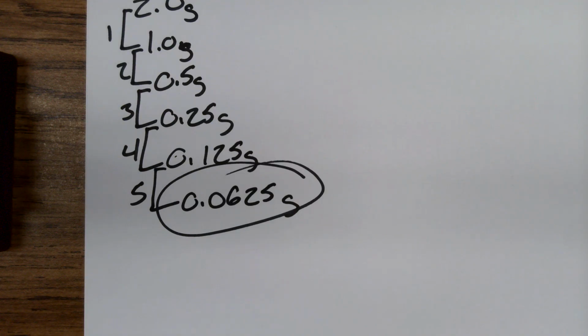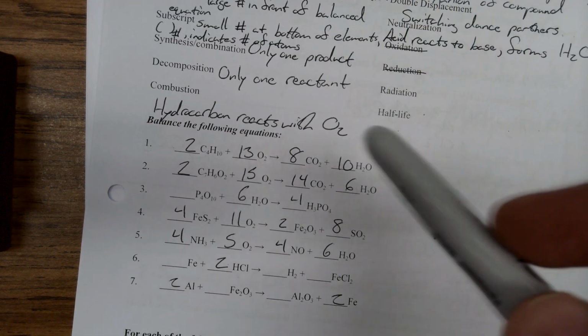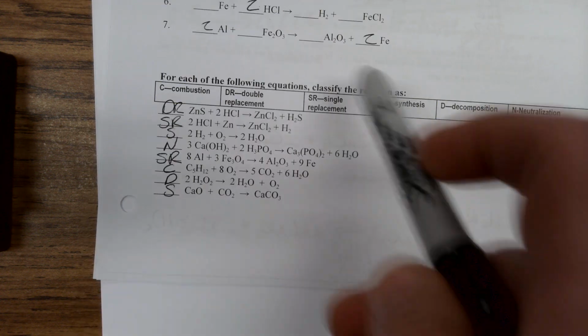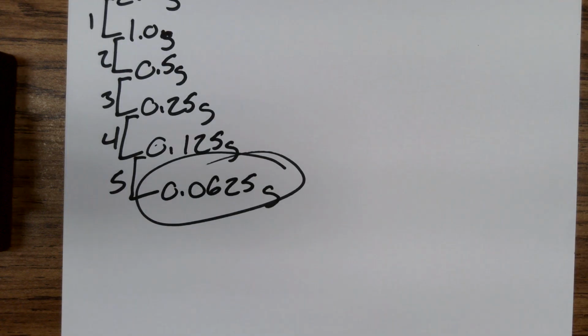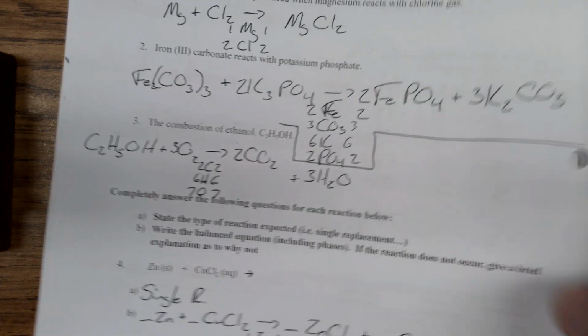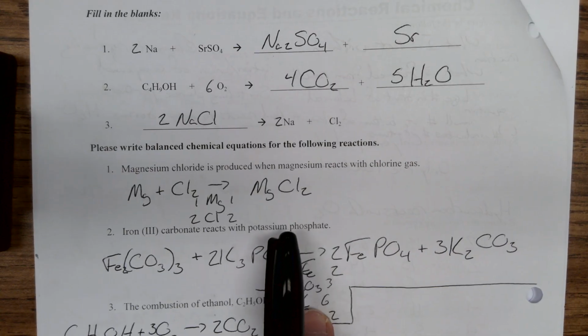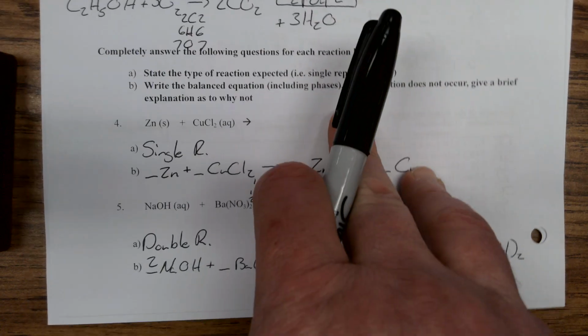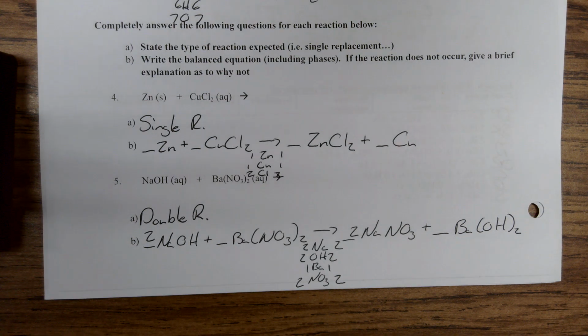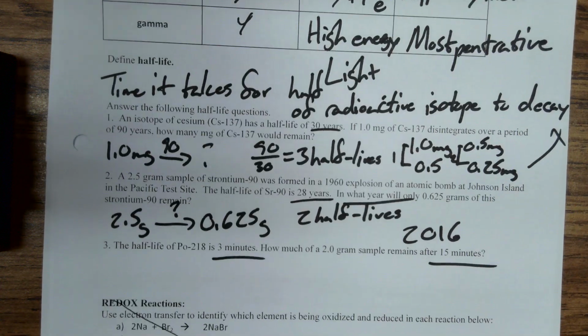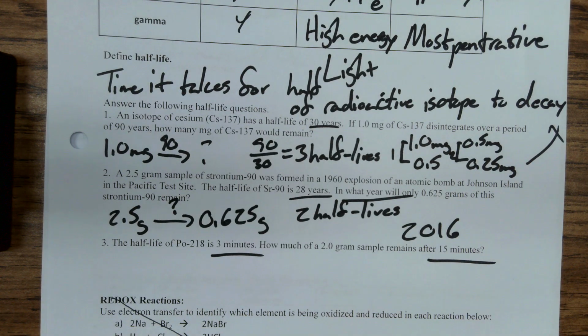If I go back to the beginning: balancing my equations, identifying what type of reactions you're going to see, identifying products, identifying what type of reaction you're going to see, followed by balancing said reactions, and 2 or 3 questions about radioactivity.